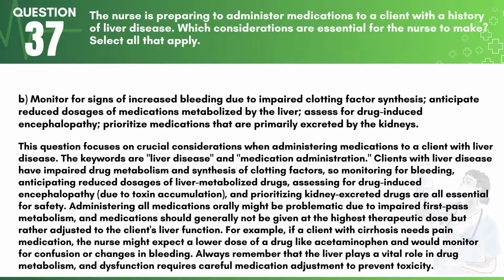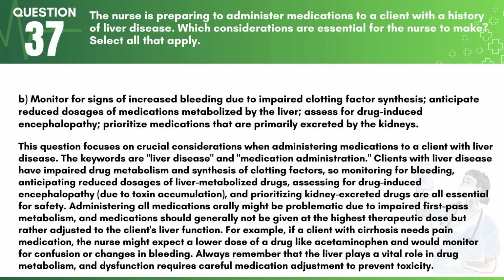The keywords are liver disease and medication administration. Clients with liver disease have impaired drug metabolism and synthesis of clotting factors, so monitoring for bleeding, anticipating reduced dosages of liver-metabolized drugs, assessing for drug-induced encephalopathy due to toxin accumulation, and prioritizing kidney-excreted drugs are all essential for safety.